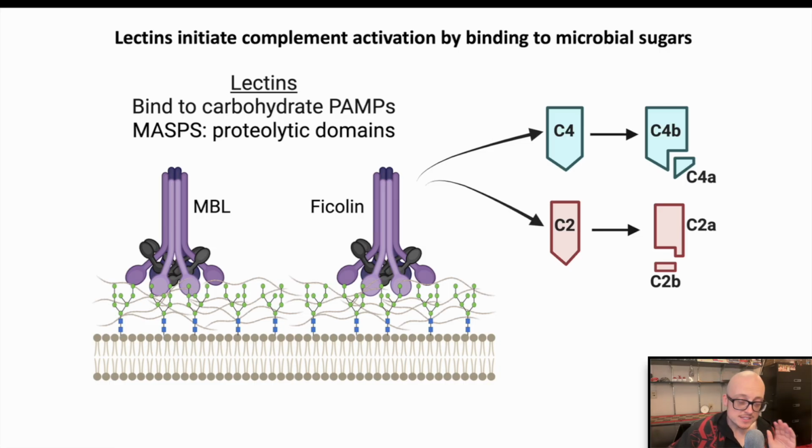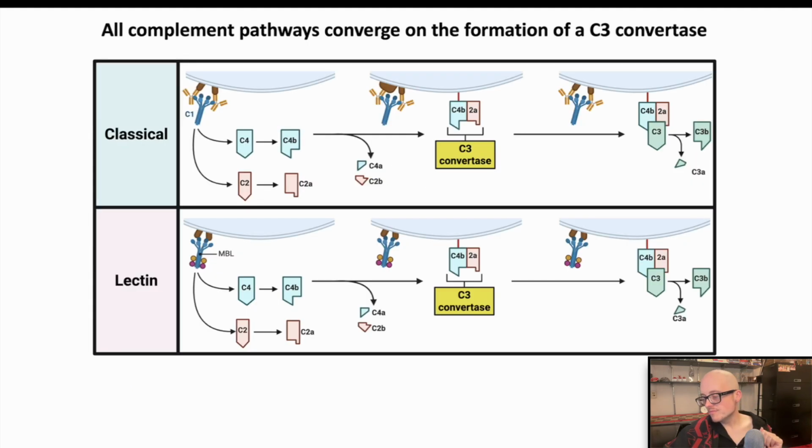And so if everything is exactly the same, let's go one more step downstream and talk about where these two reactions end up, or at least where they end up next. So on this slide, you can see on the top is the progression of a classical complement reaction. On the bottom is the same reaction in the lectin pathway. Notice that in the classical pathway, we're starting with C1 bound to antibody.